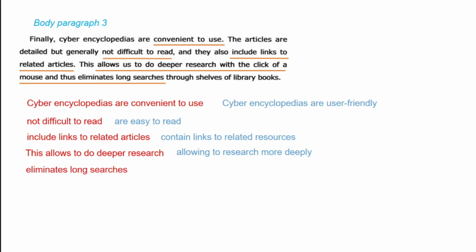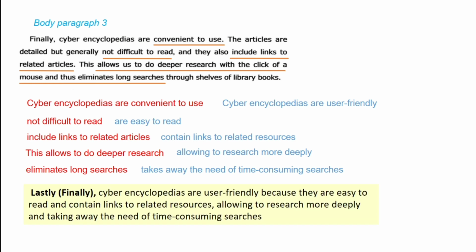Eliminates long searches: takes away the need of time-consuming searches. So we have a sentence like this. Lastly or finally, cyber encyclopedias are user-friendly because they're easy to read and contain links to related resources, allowing to research more deeply and taking away the need of time-consuming searches.